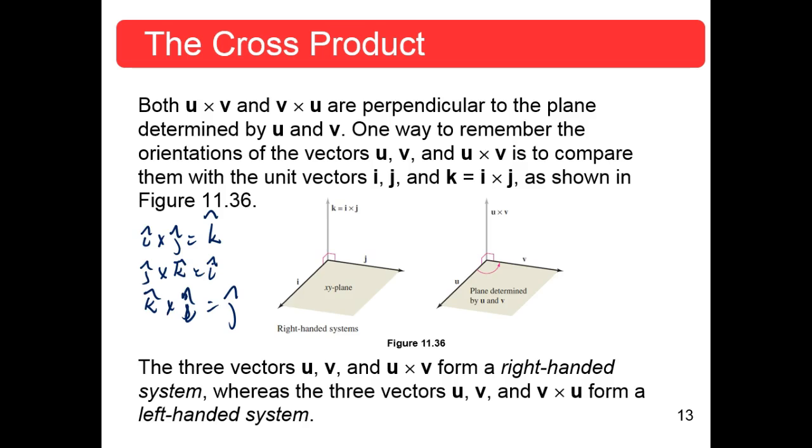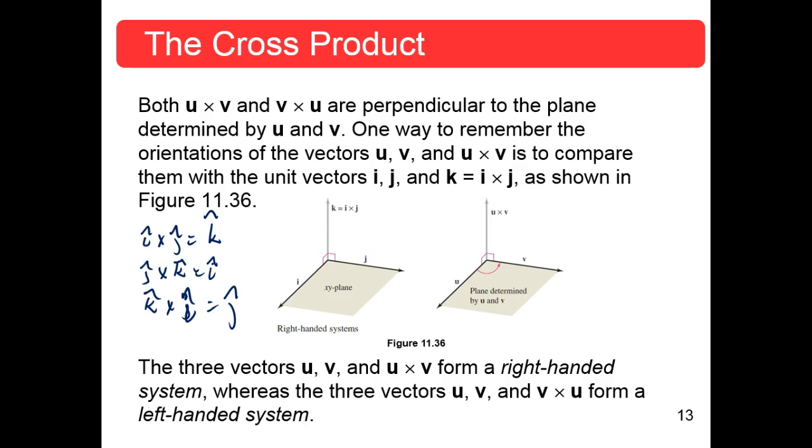If you did a left-handed system, you would point your fingers in the direction of I and bend them in the direction of J, and you have to turn your hand over.